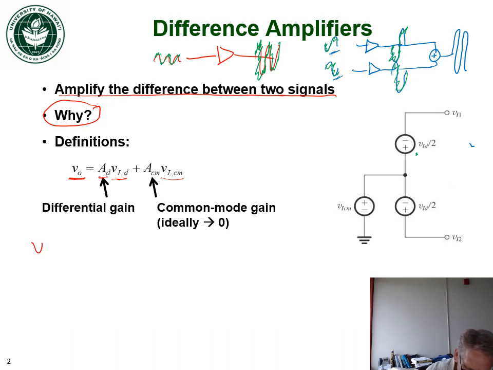The differential mode input, VID, is equal to the difference between our two input signals. Call it VI2 minus VI1. The input common mode signal is equal to the average of our two input signals, VI2 plus VI1, over 2.